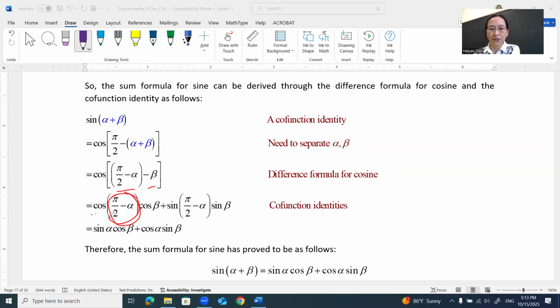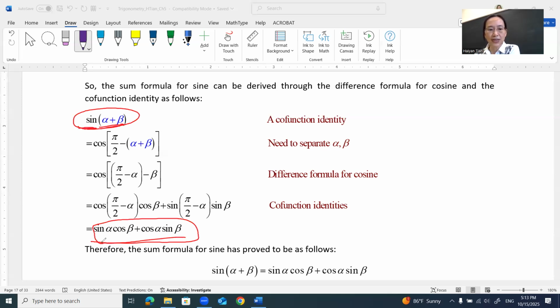Cosine of this difference is actually sine alpha by applying the cofunction identity. Sine of half of pi minus alpha is cosine alpha. And then we get a formula, which is the sum formula for sine.